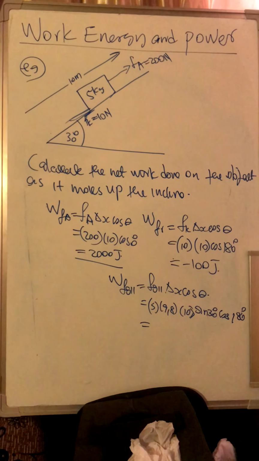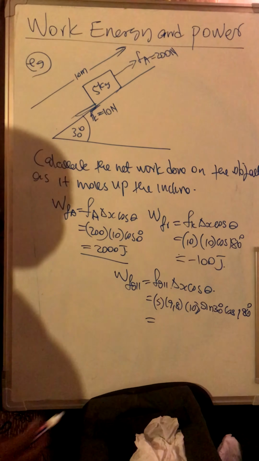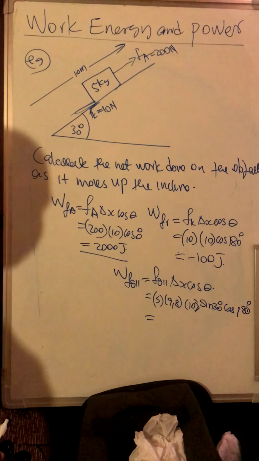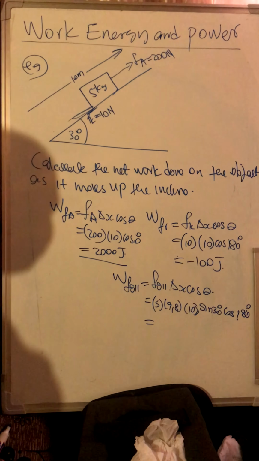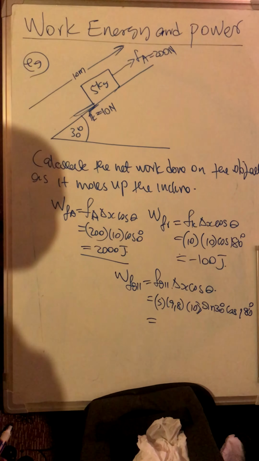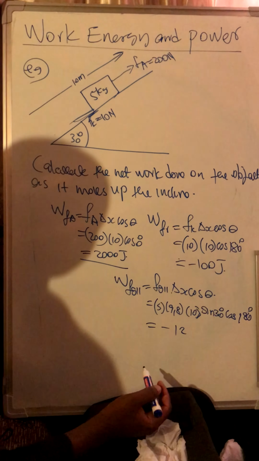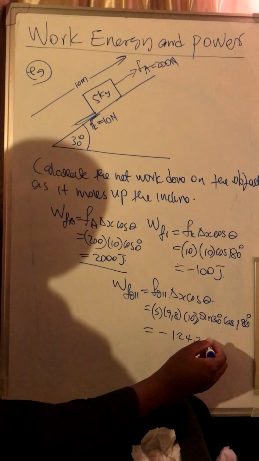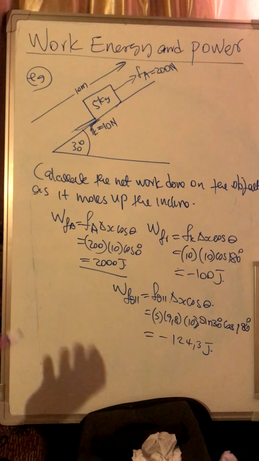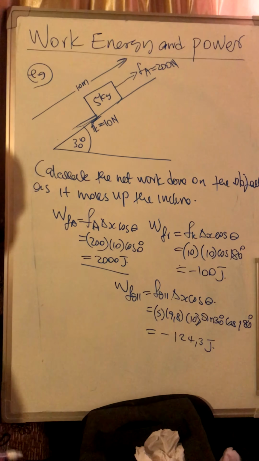As you multiply, here you're going to get 50, here you're going to get 25, 250 divided by 2, and then somewhere there, negative 124,3 joule. So you can do that and then calculate. That's what you will get if you press your calculator.